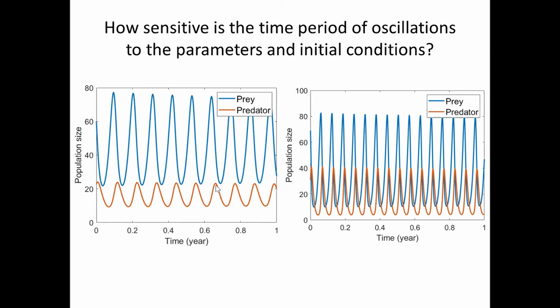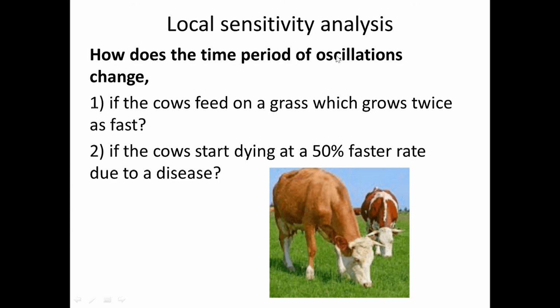So in this video, as I said, we'll focus on how the time period of oscillations varies as a function of the parameters and the initial conditions. Okay, so we'll talk about the local sensitivity analysis method first.